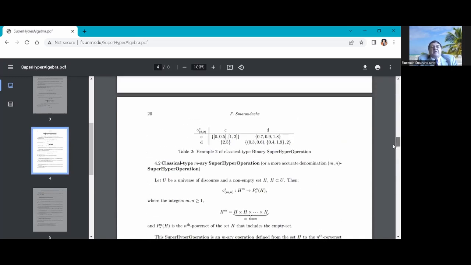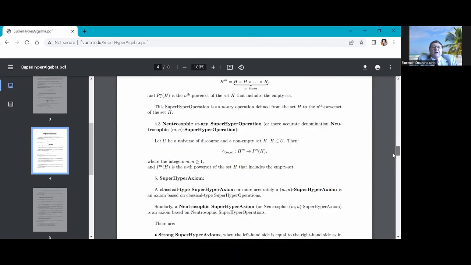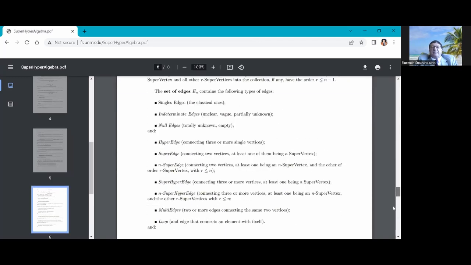For example, we may have a set of two elements C, D, and then we combine them. C combined with C, we get, as you see, a set of two sets. And D also, it's a set of three elements. And this one, it's a set of three elements. So we get more and more complex.